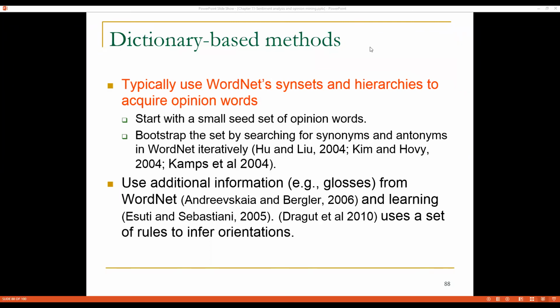The dictionary-based methods typically use WordNet synsets and hierarchies to acquire opinion words. It starts with a small seed set of opinion words, and then bootstraps a set by searching for synonyms and antonyms in WordNet iteratively.